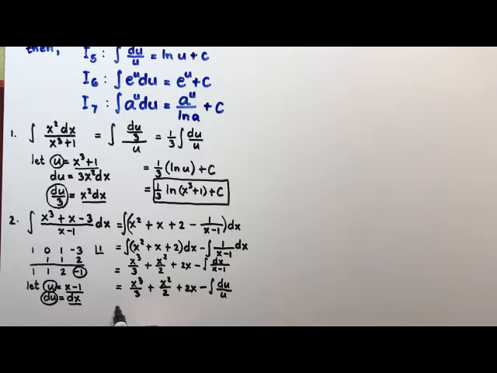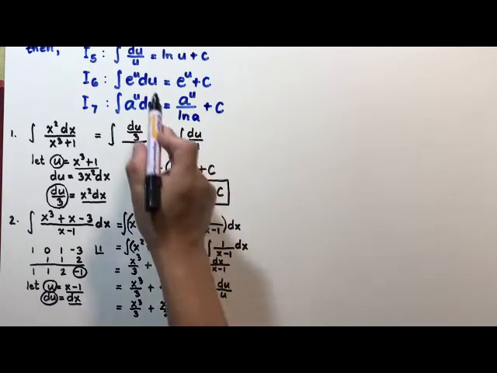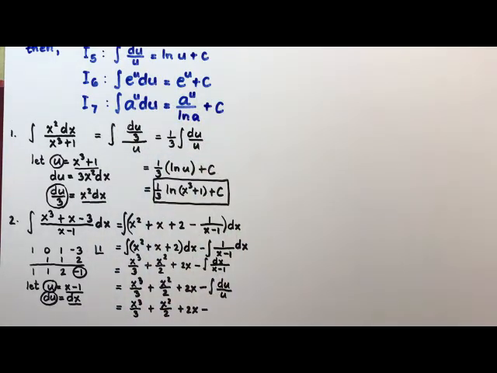So I can have x cubed over 3 plus x squared over 2 plus 2x, and we know that the integral of du over u in the formula, that's the natural log of my u, and then plus c.